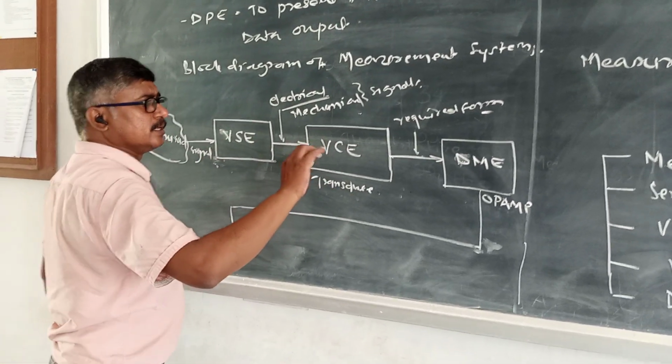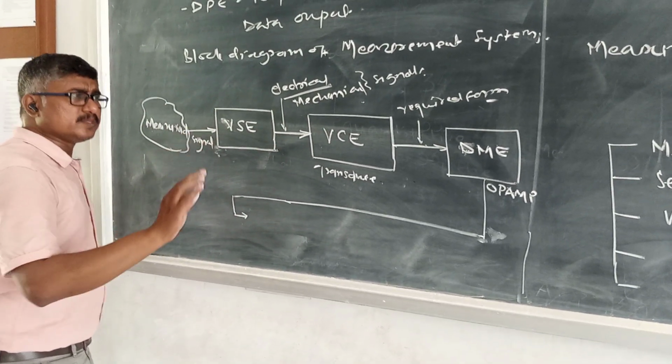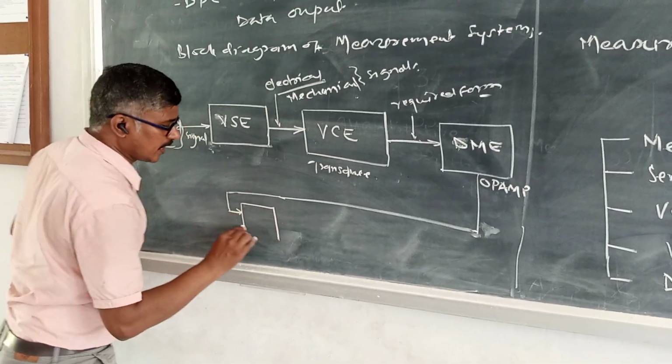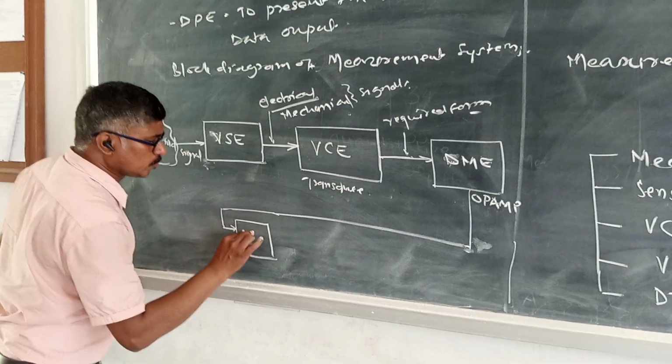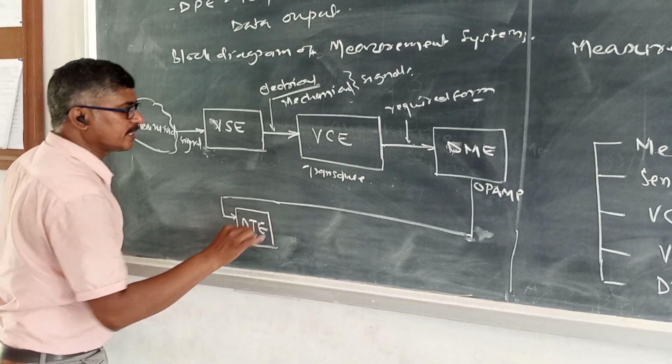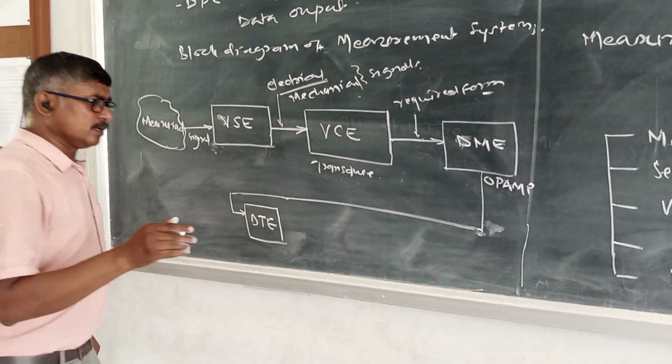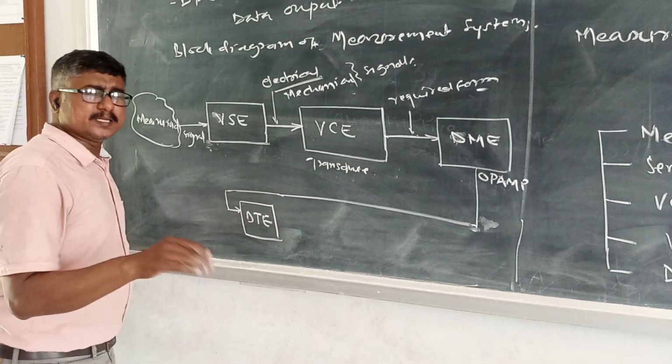After the operation on the available signals, these signals are then transmitted through the data transmission element. They are nothing but wires, connectors, optical connectors.